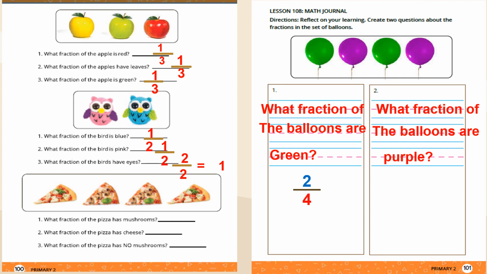How many? 1, 2. From how many balloons? 1, 2, 3, 4. Okay, so we must first put the fraction bar, then the total parts 4, then the purple balloons, 2. So it will be 2 over 4.